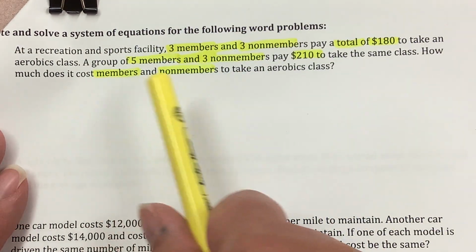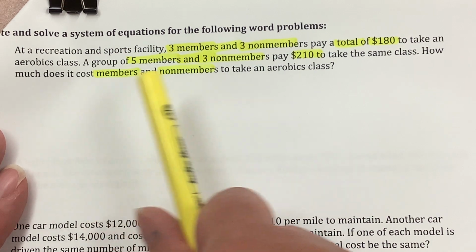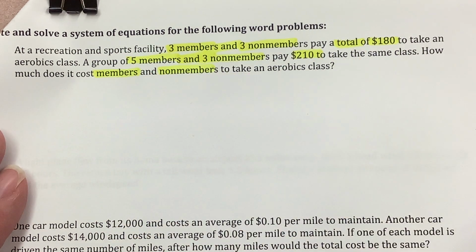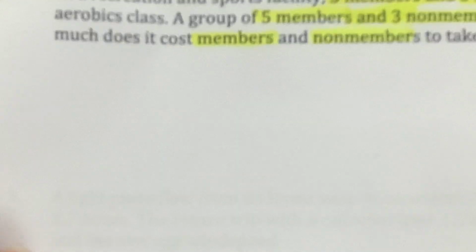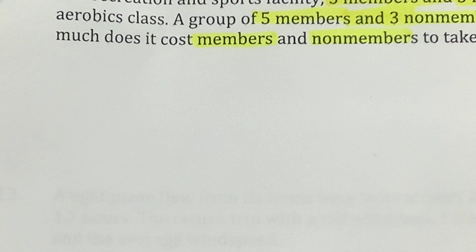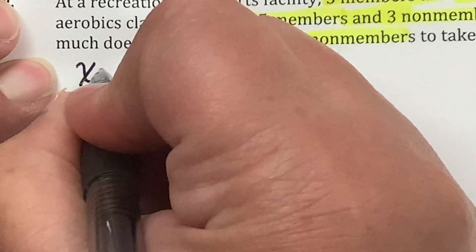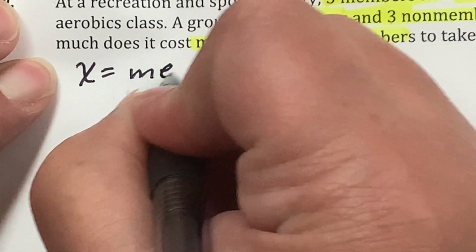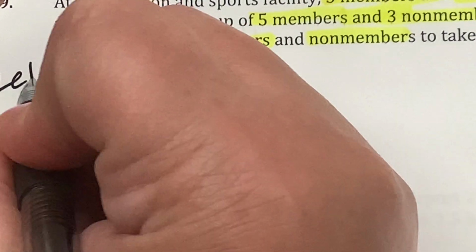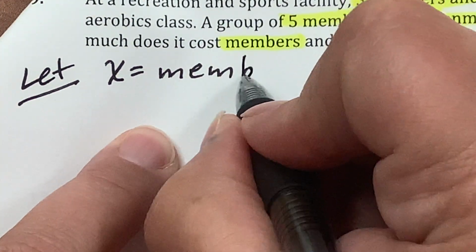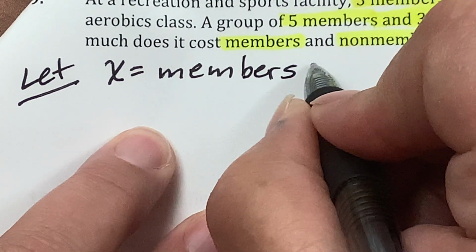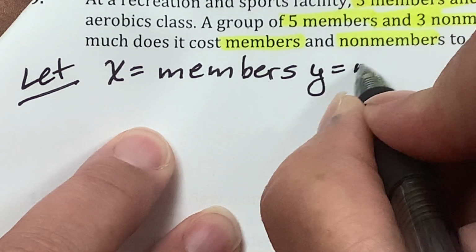Well, now I know my x and my y, because the cost for members and the cost for non-members, that's the x and the y. All right, so we highlighted. Let's write down what x and y are. Let x equal members and y equal non-members.